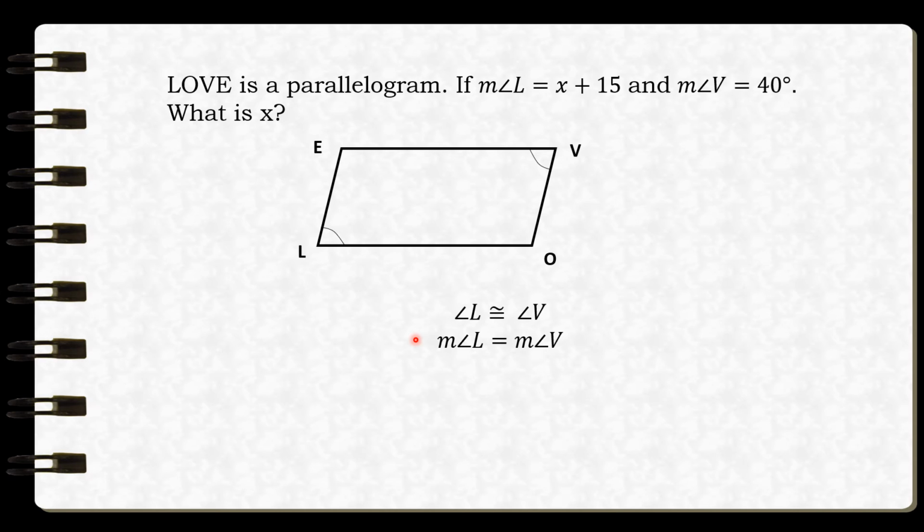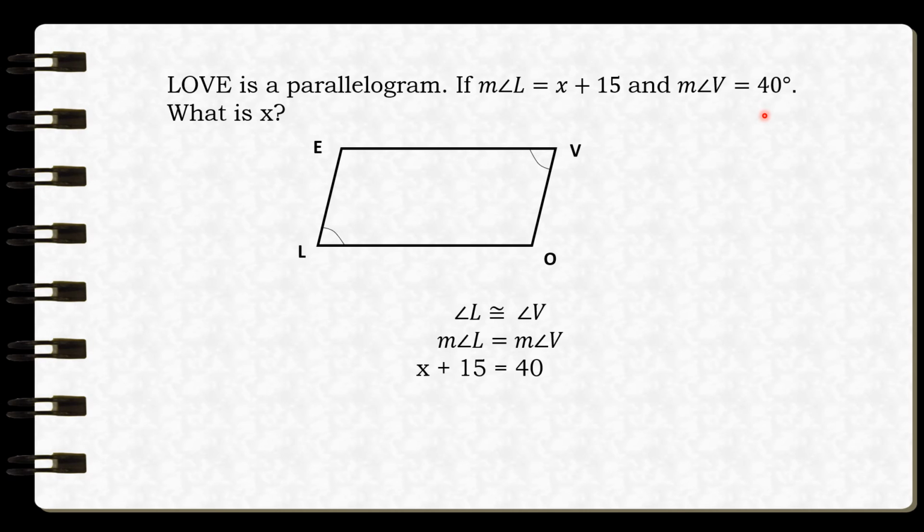Since we know that the measurement of angle L is x plus 15, we will substitute the measurement of angle L. So we have x plus 15 is equal to 40, because the measurement of angle V here is equal to 40 degrees.